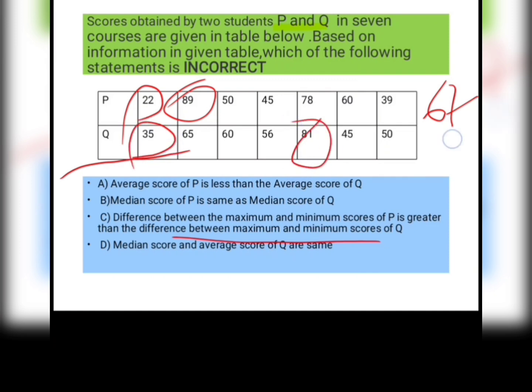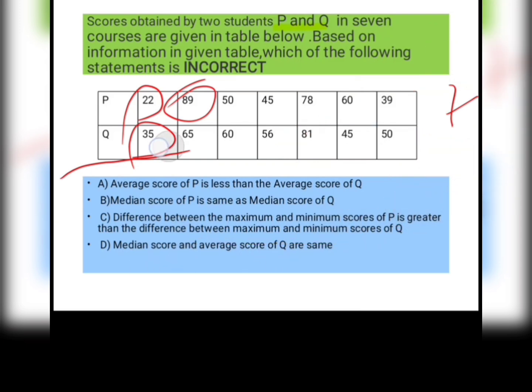Minimum score of Q is 35. 81 minus 35 is 46. So, the statement given is that the difference between maximum and minimum scores of P is greater than the difference between maximum and minimum scores of Q. Yes, the statement is right.